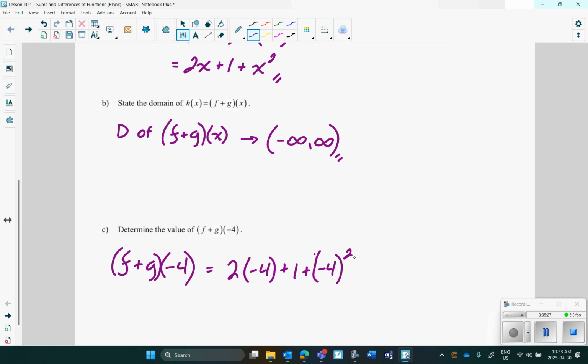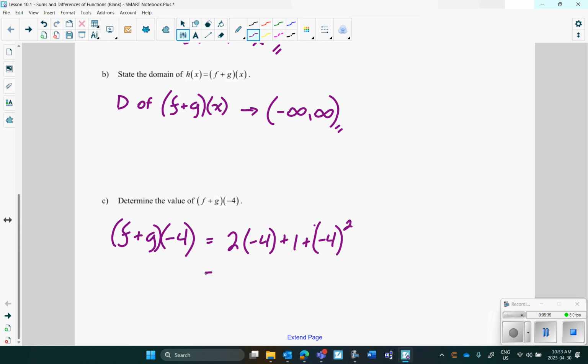So you just have to calculate that. So this gives me -8 plus 1 plus 16, gives me 9. That's how we add two functions together.